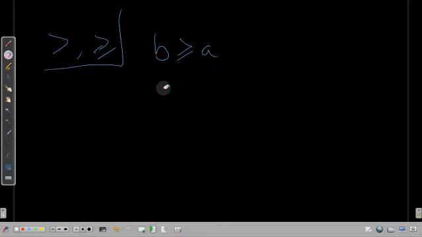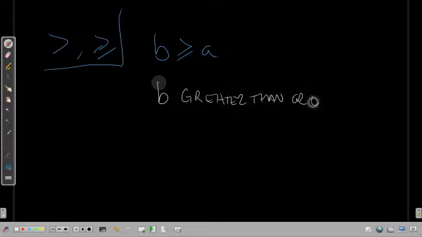You can interpret it the other direction. So on the one hand, this would say B is greater than or equal to A. I promise you, though, that this is a cumbersome way to talk.